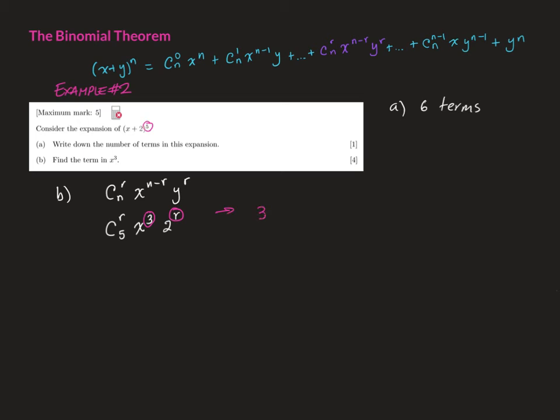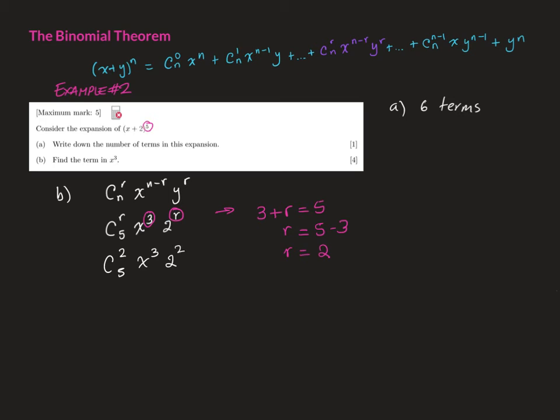So in this case, 3 plus r needs to add up to 5. That way I know that r is going to be 5 minus 3, r is equal to 2. So now that I know r, I can substitute C(5,2) x to the power of 3, 2 to the power of 2.